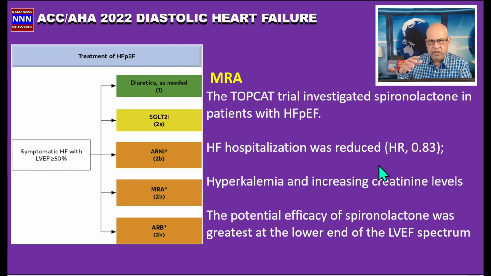And in patients with compromised kidney function, we have to be extremely cautious about patients developing hyperkalemia. Just like the ARBs, they found that spironolactone had the greatest benefit in patients who had the lower end of the left ventricular ejection fraction in the diastolic dysfunction population.